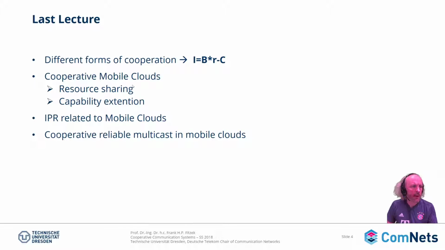In the cooperative mobile clouds, we distinguished the resource sharing and the capability extensions and went to some IPR related to mobile clouds. And last but not least, we looked into the cooperative reliable multicast mobile clouds, which we will continue in the later lectures more in detail with mathematical branch route and analytic models for that.